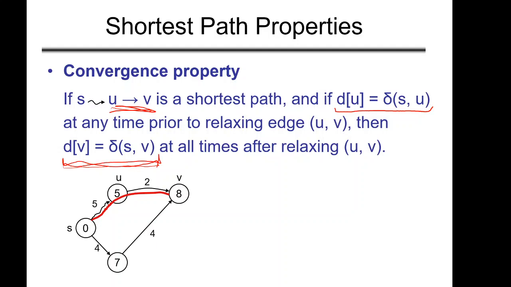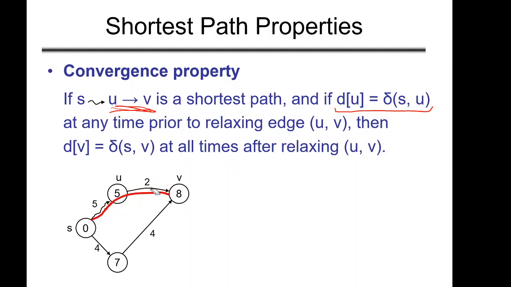What we are saying here is this. Suppose you can see this diagram. There is some path from S to U, and there is a direct edge from U to V.